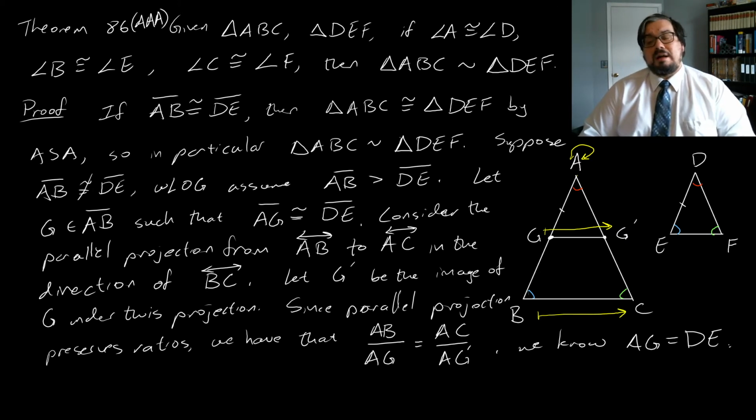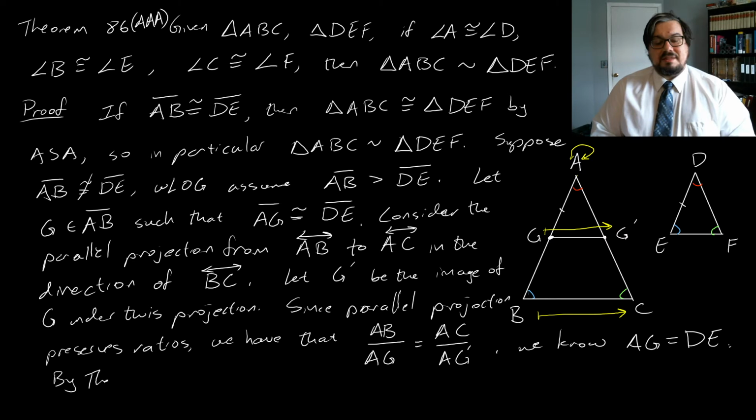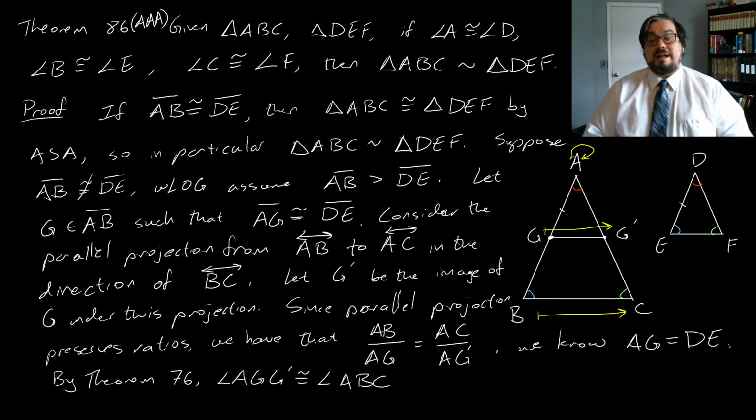In other words, it would suffice to know that the triangle AGG prime was congruent to the triangle DEF. But in fact, we have that. By Theorem 76, the angle AGG prime is congruent to the angle ABC, and that's because the lines GG prime and BC are parallel to one another.